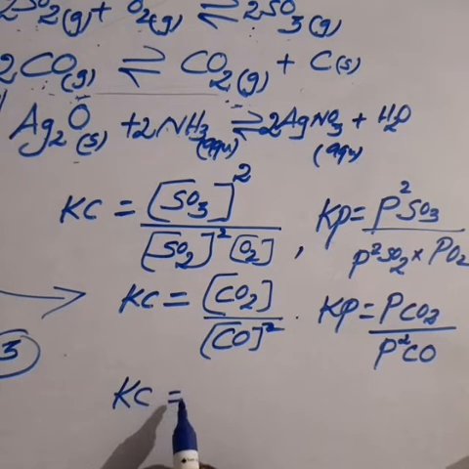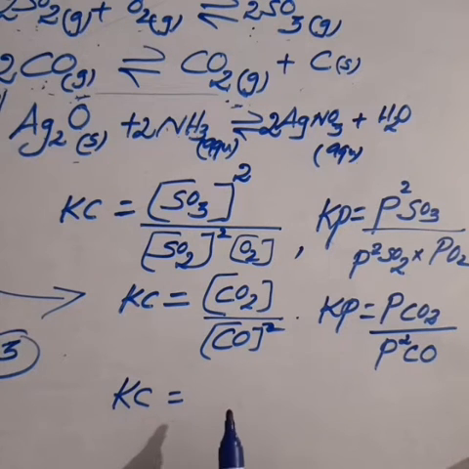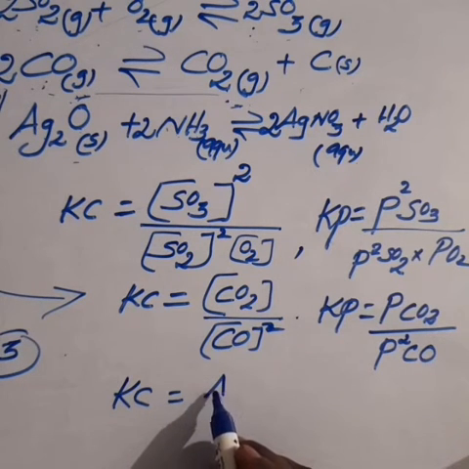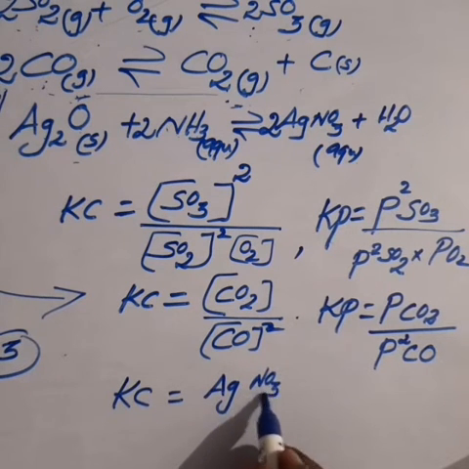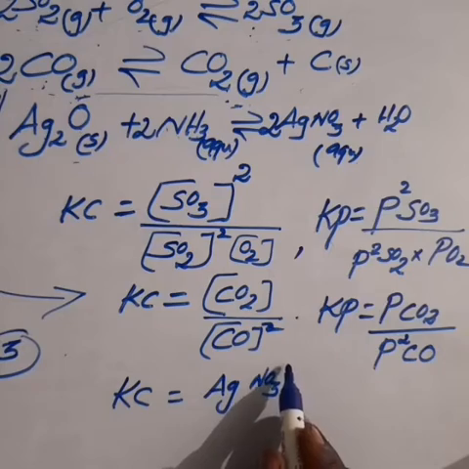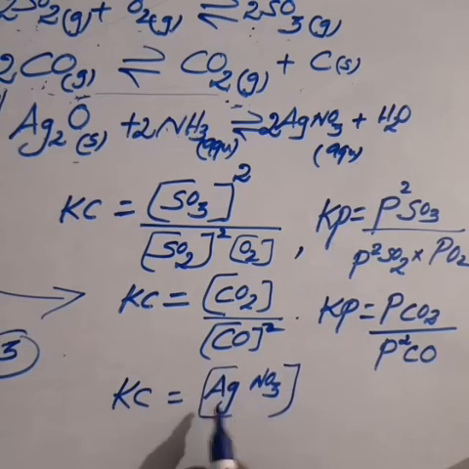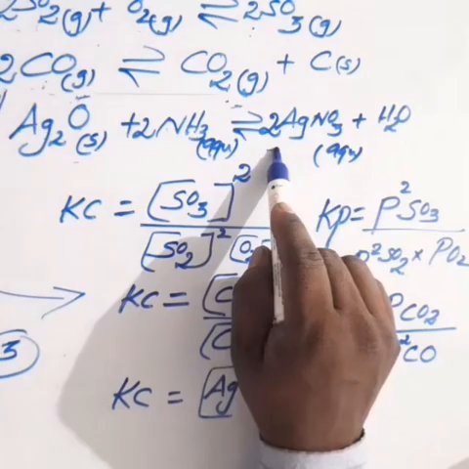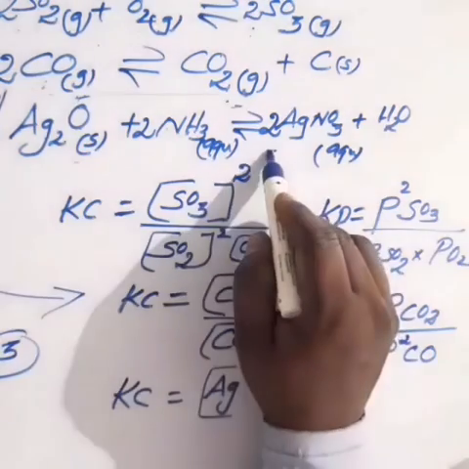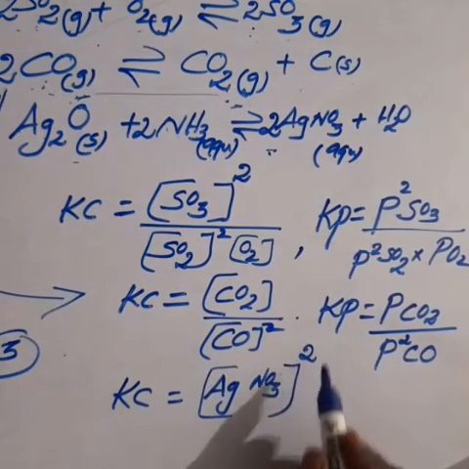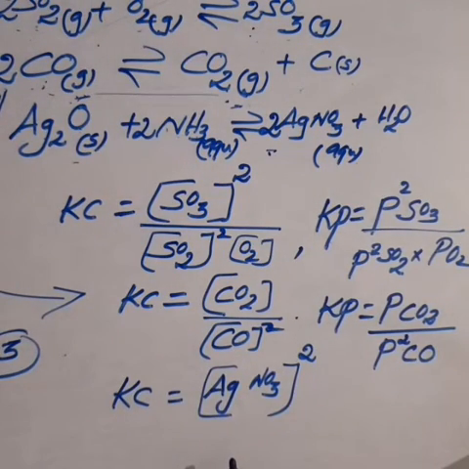How will you write Kc for the above reaction? Kc is equal to, here we have to write silver nitrate. Concentration of silver nitrate, otherwise we can say active mass of silver nitrate, AgNO3. Here AgNO3 has the number of moles 2, so that 2 has to be written as the power.